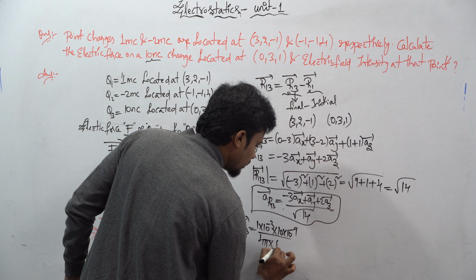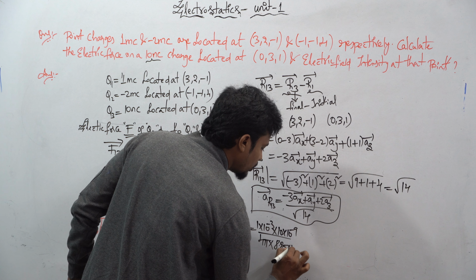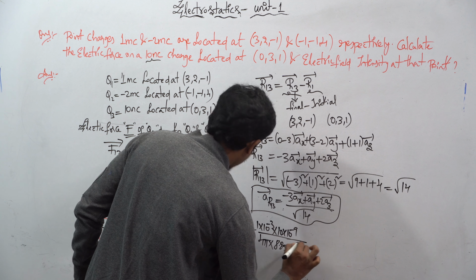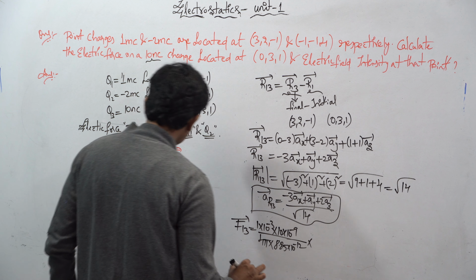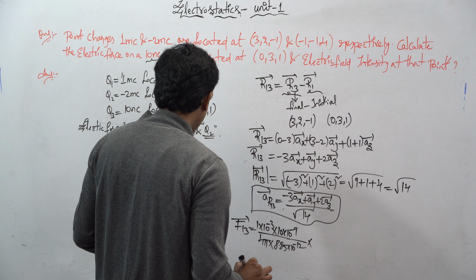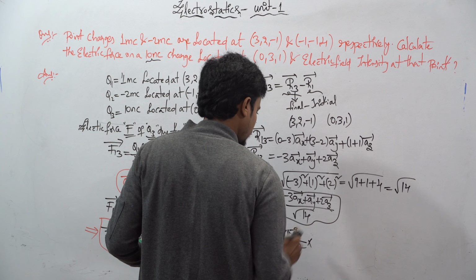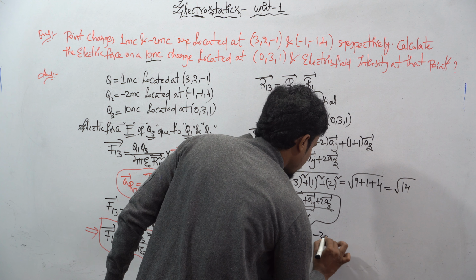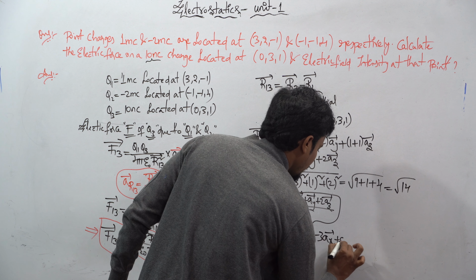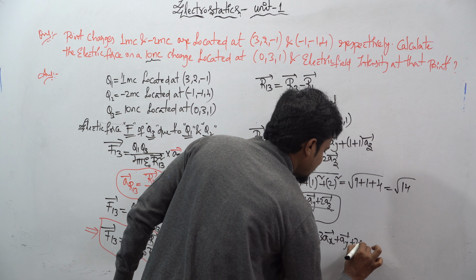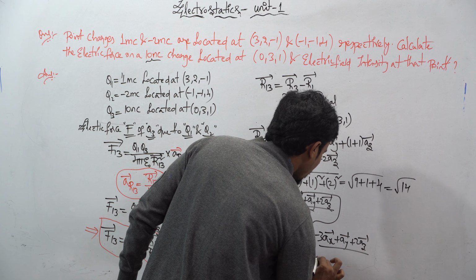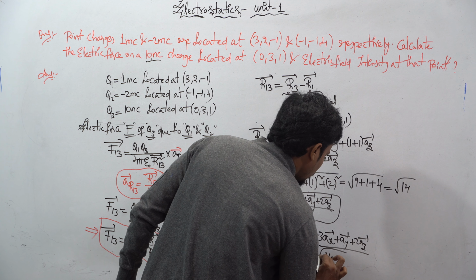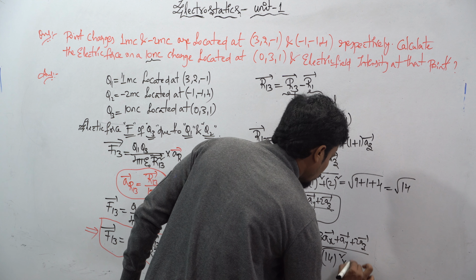Epsilon naught value be 8.85 into 10 to the power of minus 12, into, and what will be my r13 direct answer? Just put our direct answer, minus 3 ax bar plus ay bar plus 2 az bar divided by square root of 14 whole square into root 14.